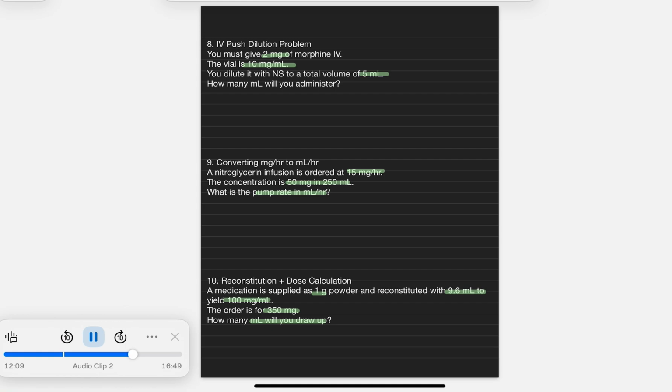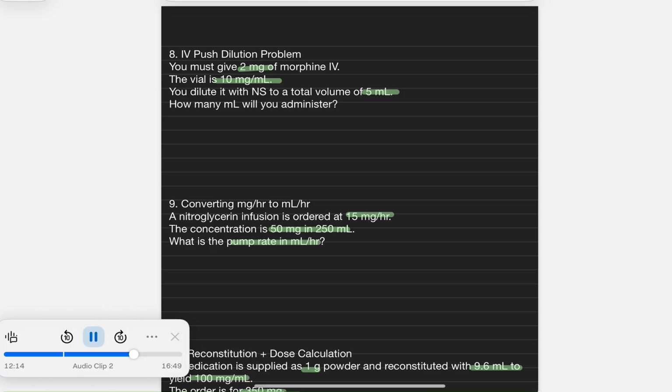All right, for this dilution problem, we're given an order of 2 milligrams of morphine IV. Our vial contains 10 milligrams per ml. And once it's diluted, we have 5 mLs. So we have to figure out how many mLs we're going to administer, right? So even though our dilution is changing the total volume of our morphine, our dosage, our milligrams, is going to stay the same.